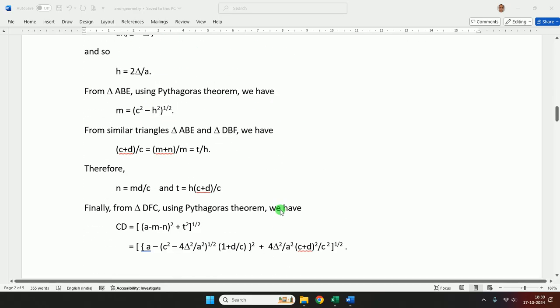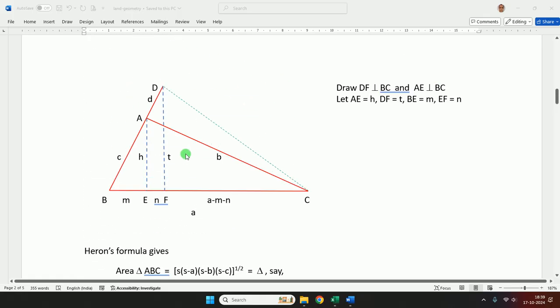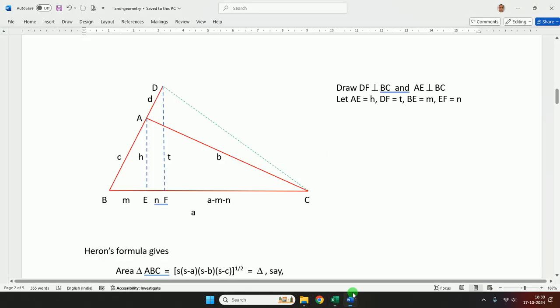Let us see how far this formula is correct. I have prepared an Excel calculator where I will put the value of a, b, c and this extended amount, and that should give me the length of this side, CD.